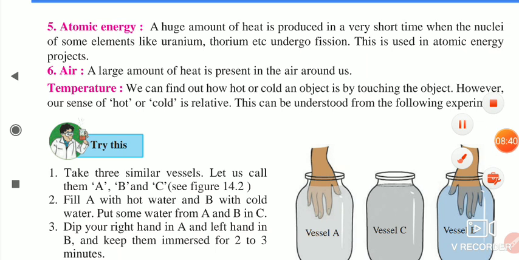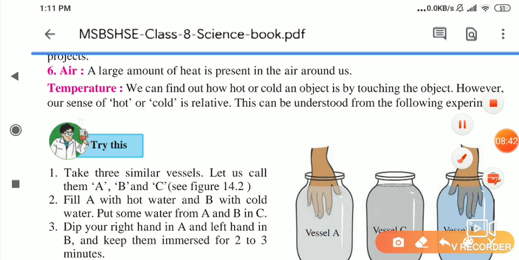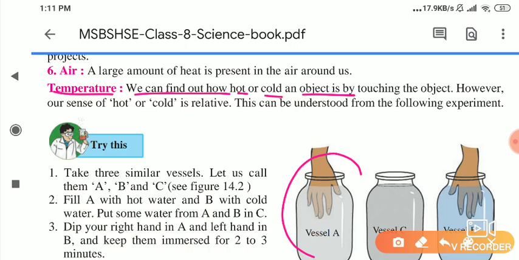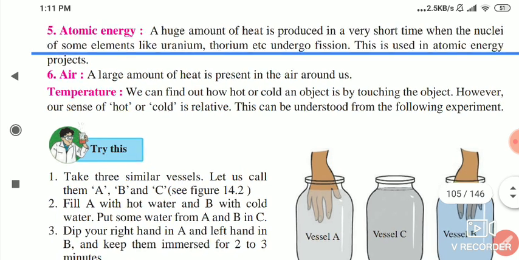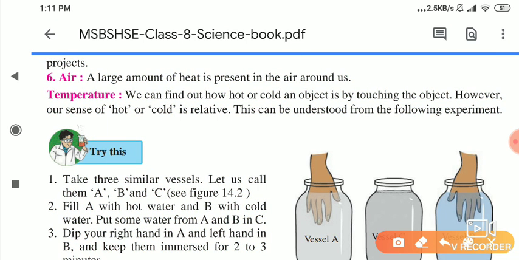Okay, now the next point is the temperature. We can find out how hot or cold an object is. Here the vessels are given. If you see the activity inside, you will understand, and I told you before how to do this activity.